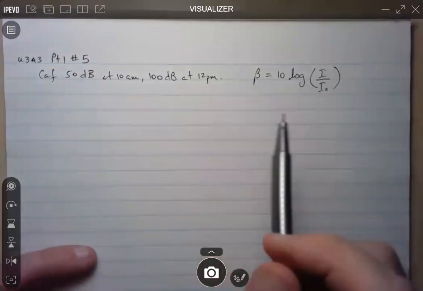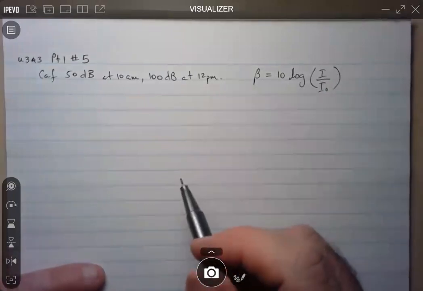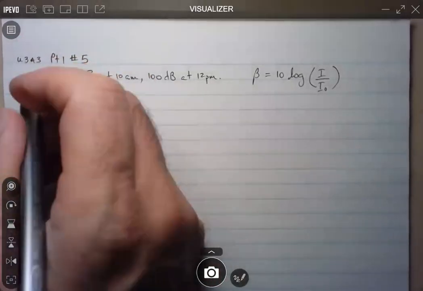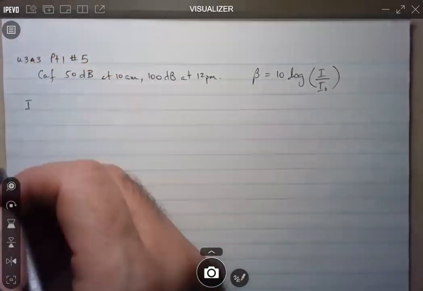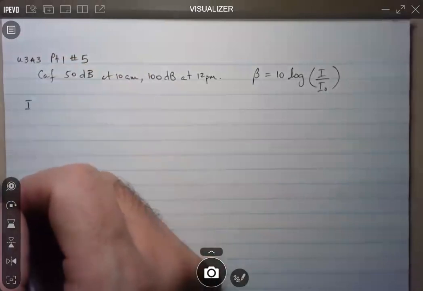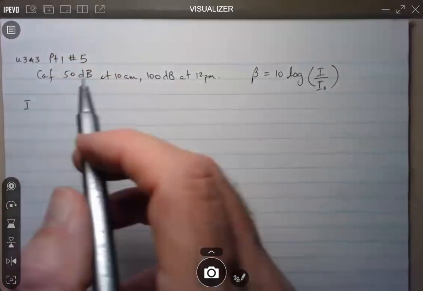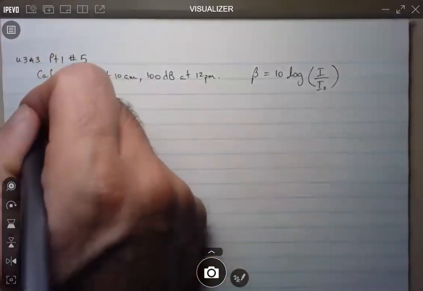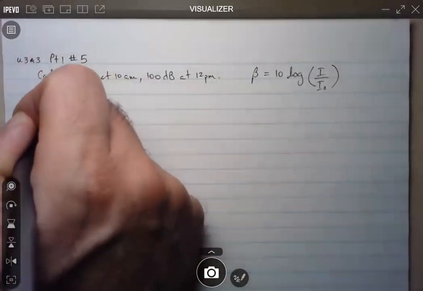Okay, so this is our formula. And so what we want to do is we want to compare. Normally you see me put the bigger one, if I know one is going to be bigger, in the numerator, but also because they're telling us we want to compare this one to the 10 a.m. one. So I'm going to put this as I12 over I10.